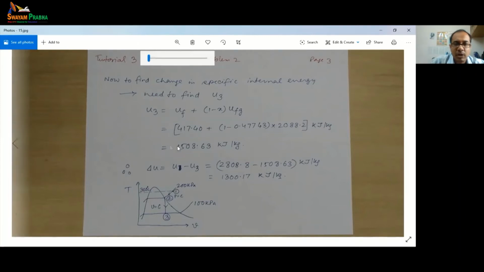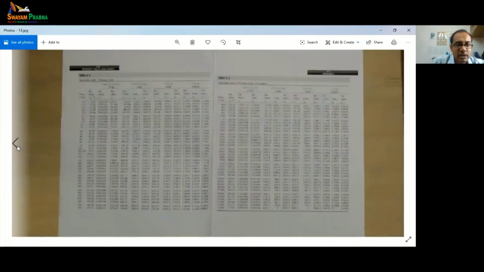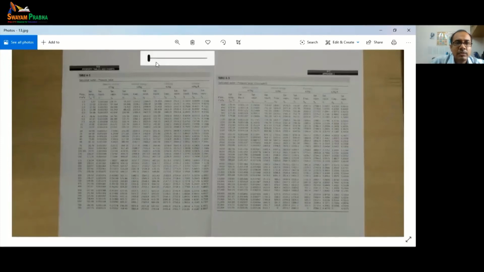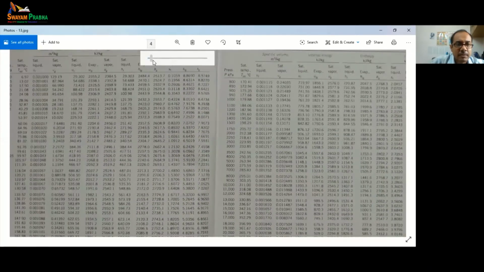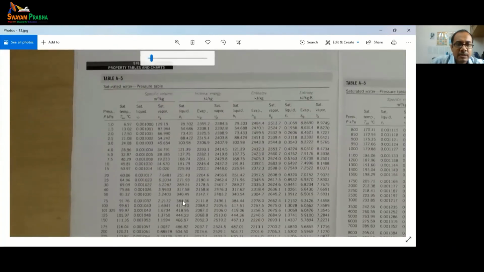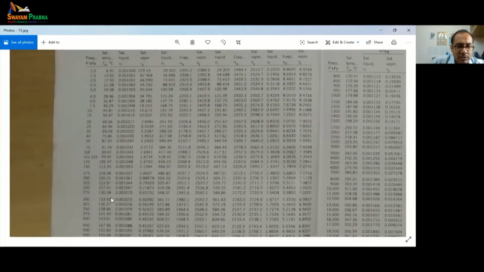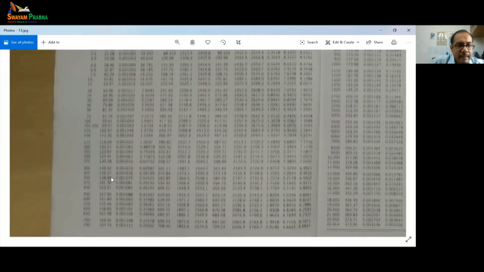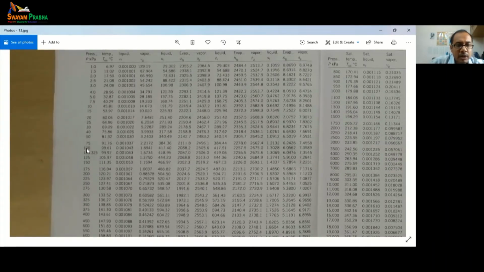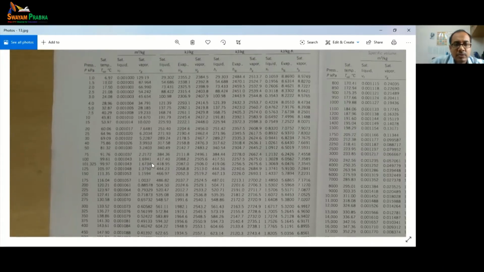For the same column that we have looked at, let's look at what is the value of Uf and Ufg. Okay, this is the same table we just looked at, the saturated water pressure table. The 100 kPa row is the one we have to see, and we have to find the Uf, which you can see is 417.4 kilojoule per kg.